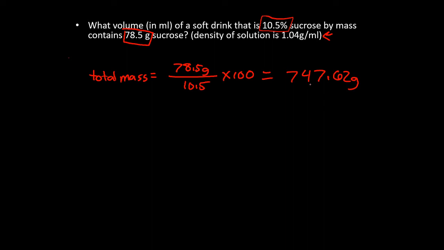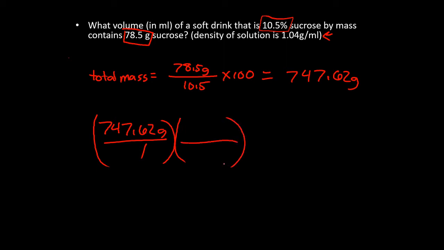Okay, so I know that the total mass of my solution is 747.6-ish grams. And then to find the volume, I would just take that and use the density as a unit conversion factor. So I know that for every 1.04 grams, I will have 1 mL.